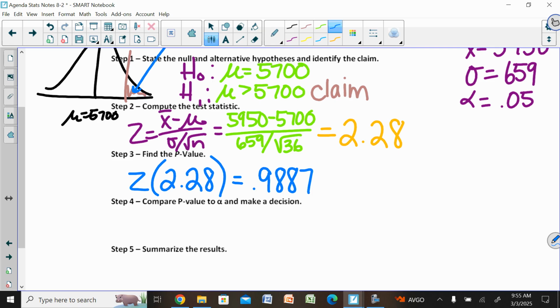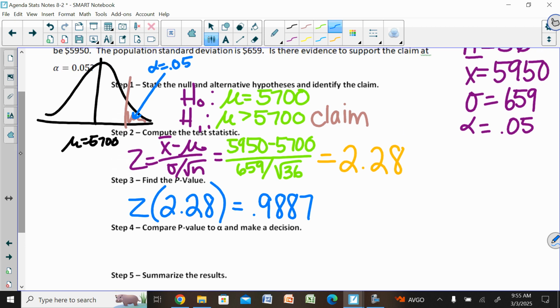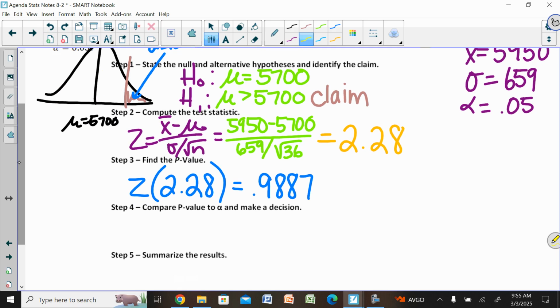If you refer back to what we said earlier under that decision rule, if it's right-tailed, if I think about this picture, I got a .9887, which means all of this, right, is 0.9887. Well, that's not helping me. So I have to use the same rules that I used previously, and I have to do a 1 minus.